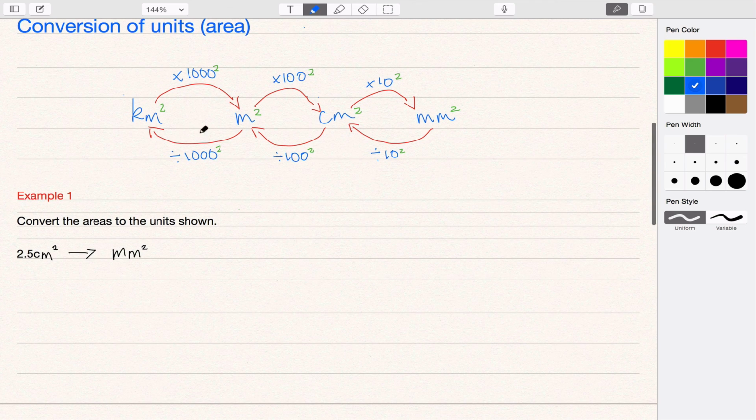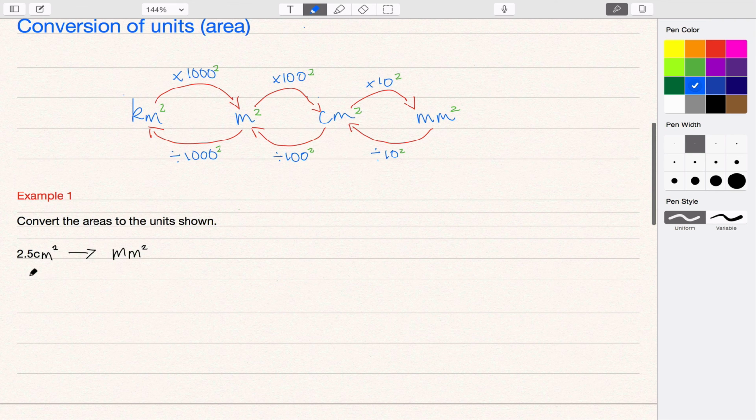First thing we need to do is check our conversion table. So we're going from centimeters squared to millimeters squared. Here's centimeters, here's millimeters. So what we need to do is times by 10 squared.